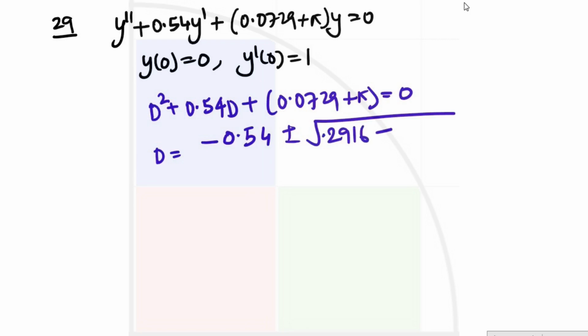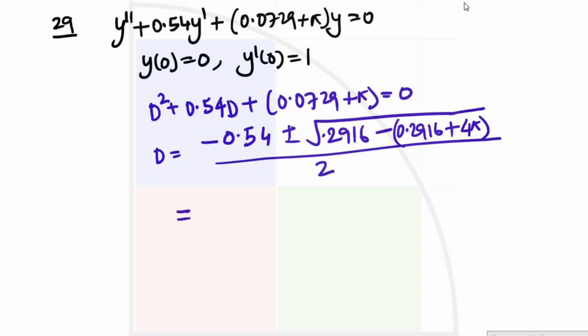B square will be this one minus 4ac, 0.2916 minus this is a little calculative.